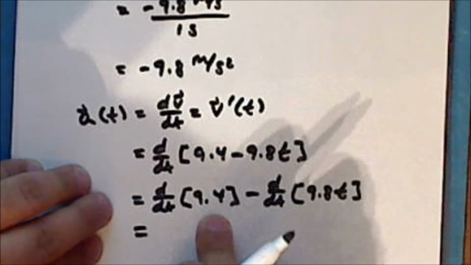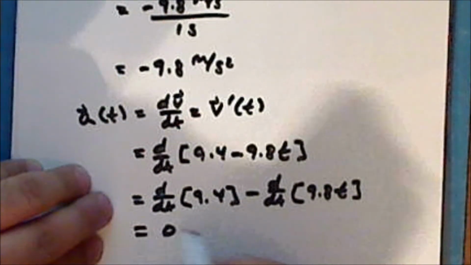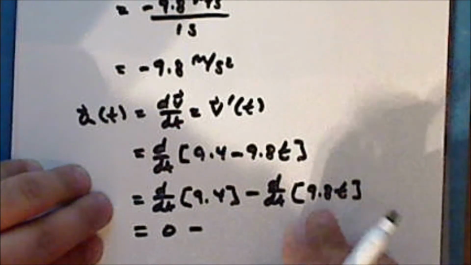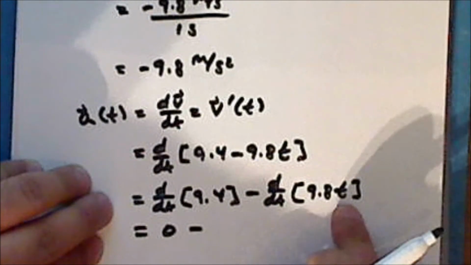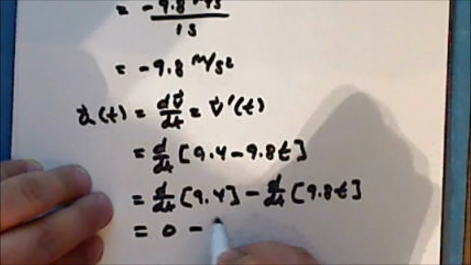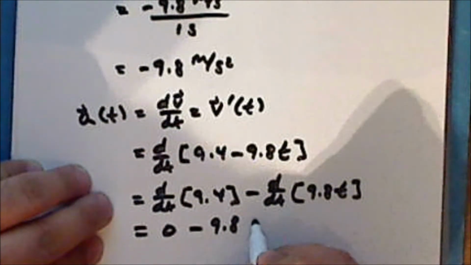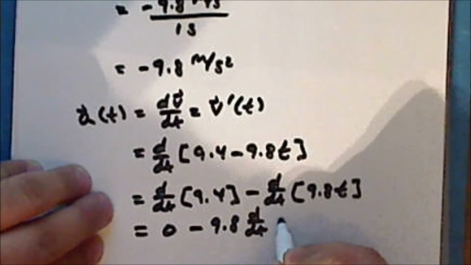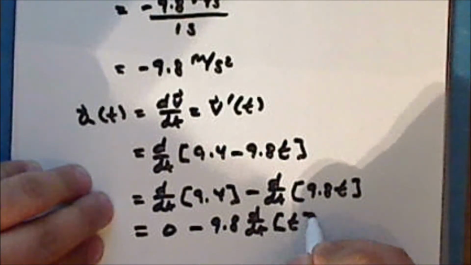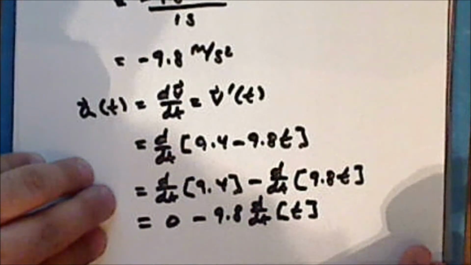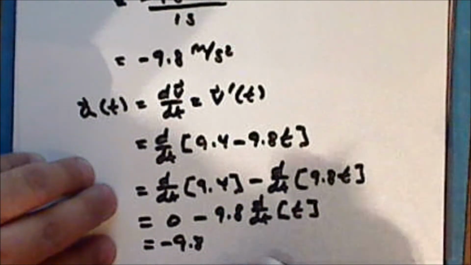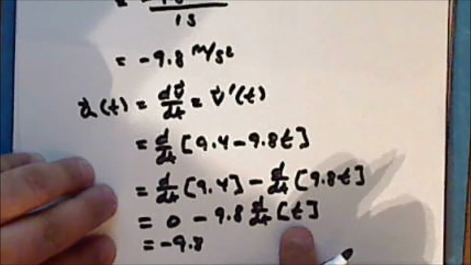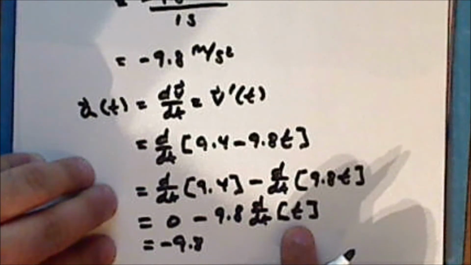The derivative of a constant is 0, and the derivative of the constant multiple 9.8 times t is the constant 9.8 times the derivative with respect to t of the monomial t to the power of 1. And so this is negative 9.8 times the derivative of t, which is 1 times t to the power of 0, or simply 1.